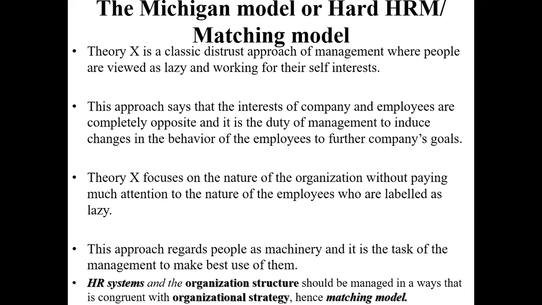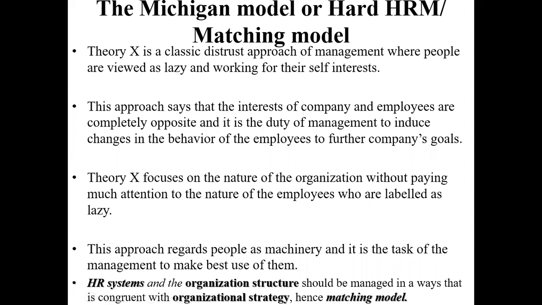So the basic premise or assumption of the Michigan model, the hard HRM model, the matching model, or Theory X is that employees can never be trusted to do the right thing because intrinsically they are lazy or slothful and they always push for their selfish interests. On that accord, the model continues that the interests of the company and that of the employees are always opposing each other.